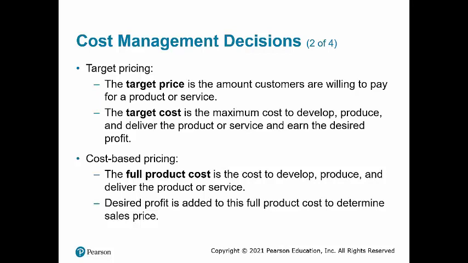That will be the maximum cost to develop, produce, and deliver the product or service and earn that desired profit. Companies could instead use cost-based pricing. That starts with the full product cost, or the cost to develop, produce, and deliver the product, and then adds to that the desired profit to determine the sales price.